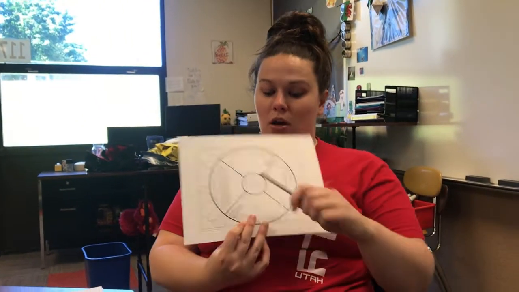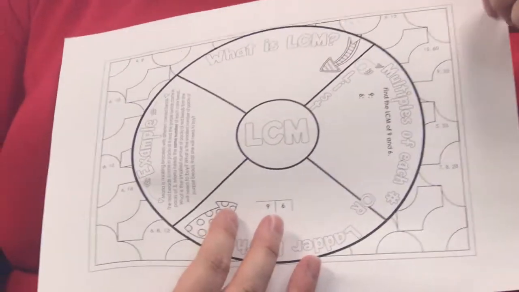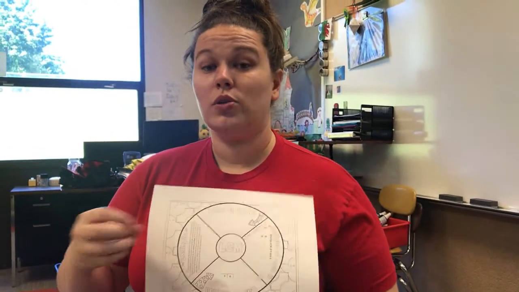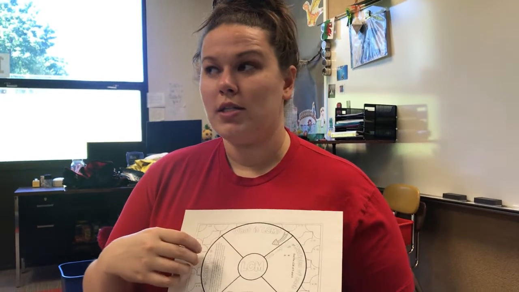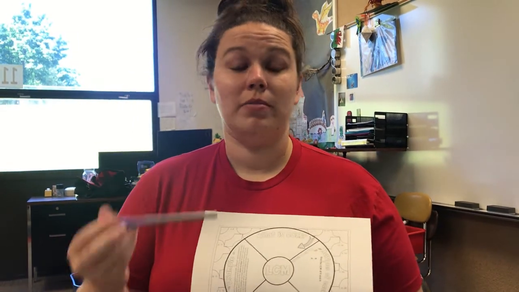But you will need this paper, the LCM, and this will be in replacement of your lined paper notes. It is double-sided, so don't use a marker that's going to bleed through this. I would suggest using just either a regular pen or some colored pencils or just a regular pencil.